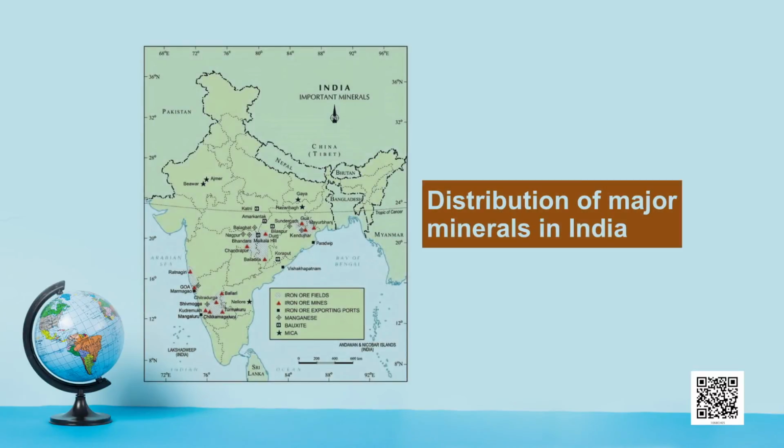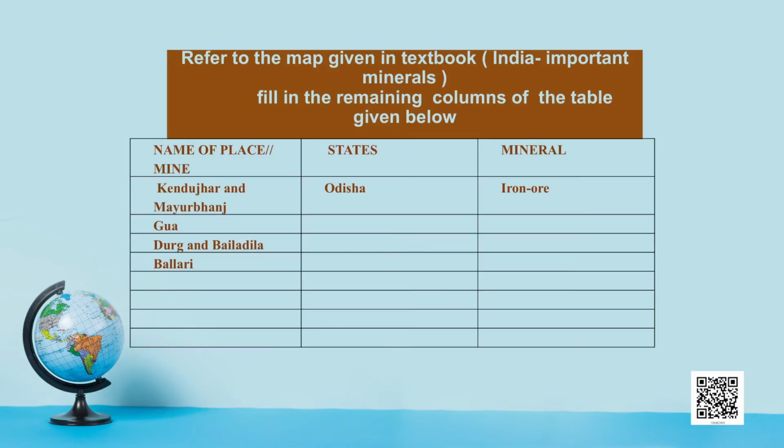Now let's do an activity. Refer to the map given in textbook, India Important Minerals, and fill in the remaining 2 columns of the given table. In the first column, name of the mine, second column state, and third column you have to write mineral. Few examples of mines are already given. Number 1, Kendujhar and Mayurbhanj. Number 2, Goa.